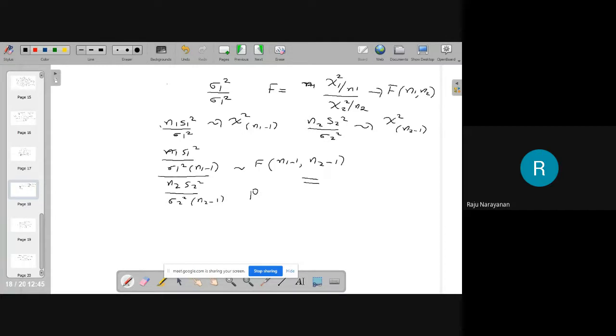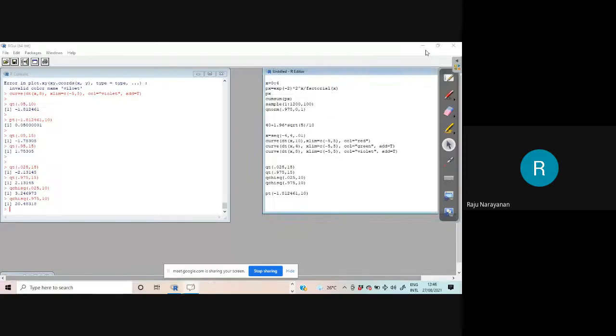Therefore, here again you can find the probability that A is less than F, which is less than B, equal to 0.95. From R, what is to be done? QF. You have to give the two degrees of freedom, suppose 10 and 15.